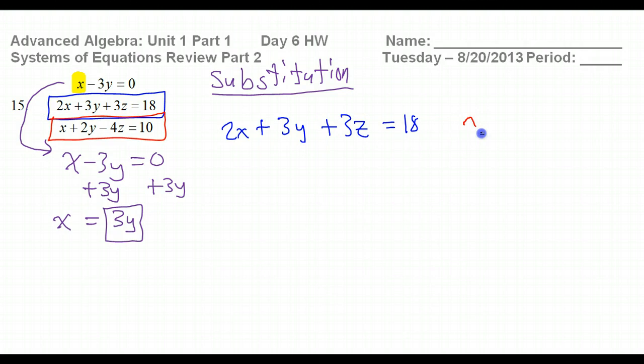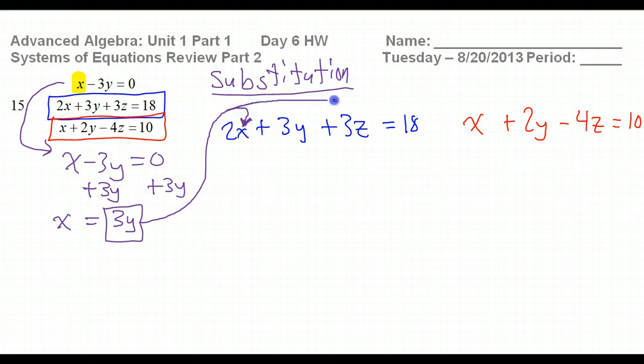So that's going to be x plus 2y minus 4z is equal to 10. Now I have to take what x equals and substitute it into both of these equations. So in other words, I'm putting x here, but I'm also going to put it here.